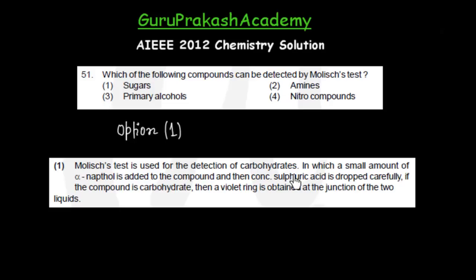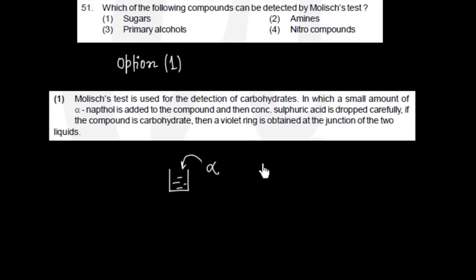In this test, a small amount of alpha naphthol is added to the compound. So we have compound, my carbohydrate is here, and we add a small amount of alpha naphthol, and concentrated sulfuric acid, conc H2SO4, is dropped carefully.